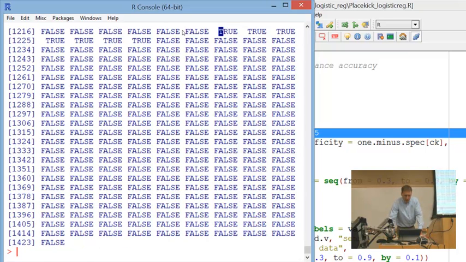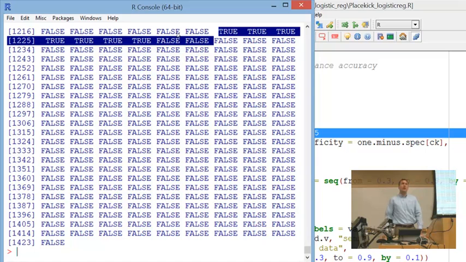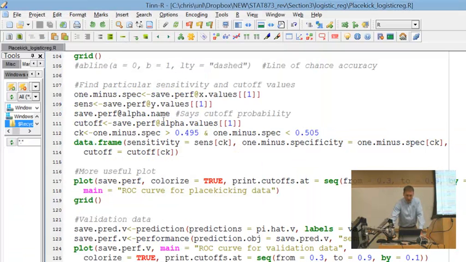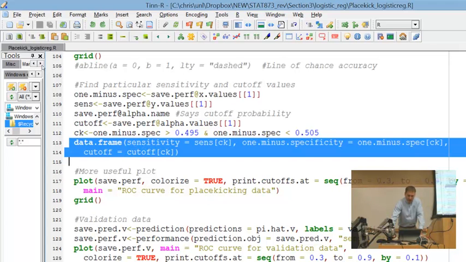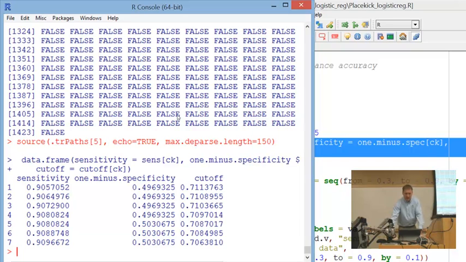you can see that we only get a few trues. These are the corresponding elements of my sensitivities, my specificities, and my cutoff probabilities that correspond to the specificities I'm interested in. So I take my sensitivities and work with all those trues and falses, same thing for specificities, same thing for the cutoff probabilities, and finally we get what we needed.